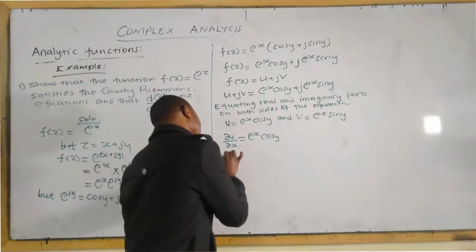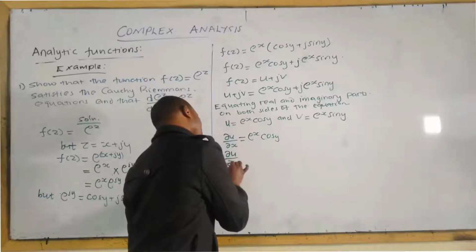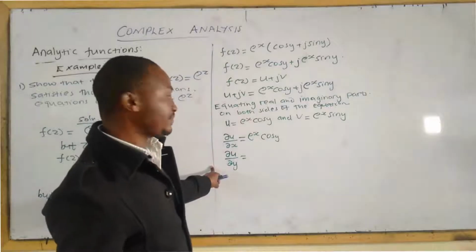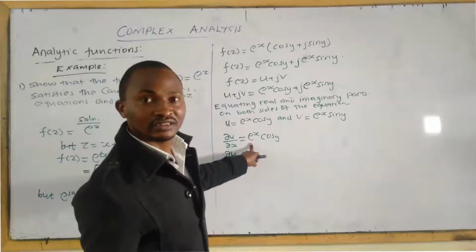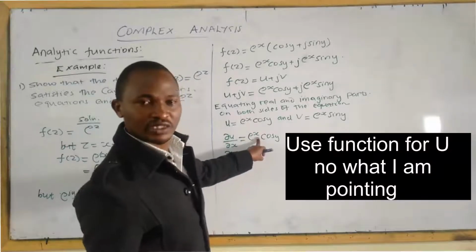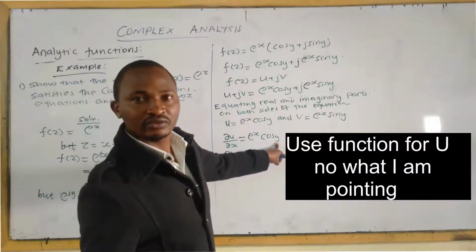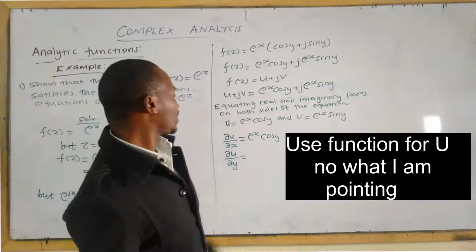Let us find the derivative of u now, this time with respect to y. When you are finding the partial derivative with respect to y, x is a constant. So the whole of exponential x will be a constant, but y will be the variable. So cos y will be changing.